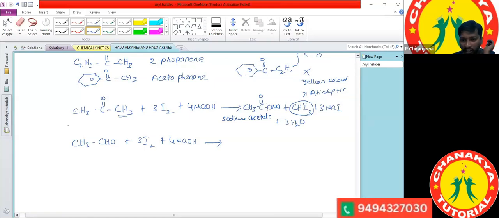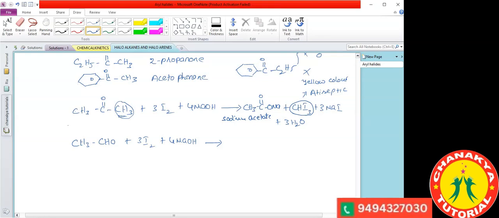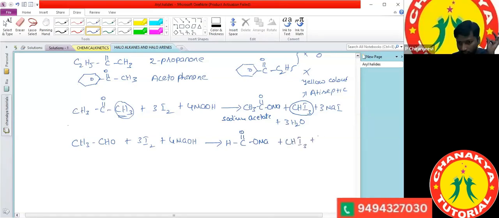If you observe the structure clearly, what happened in place of CH3, what did we place? ONa. Is that clear for everyone? So we removed the one methyl group. The products are HCOONa plus CHI3 plus 3 NaI plus 3 H2O.